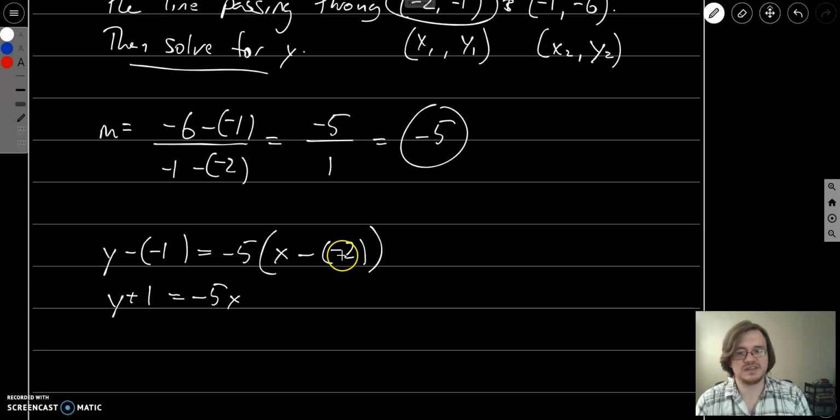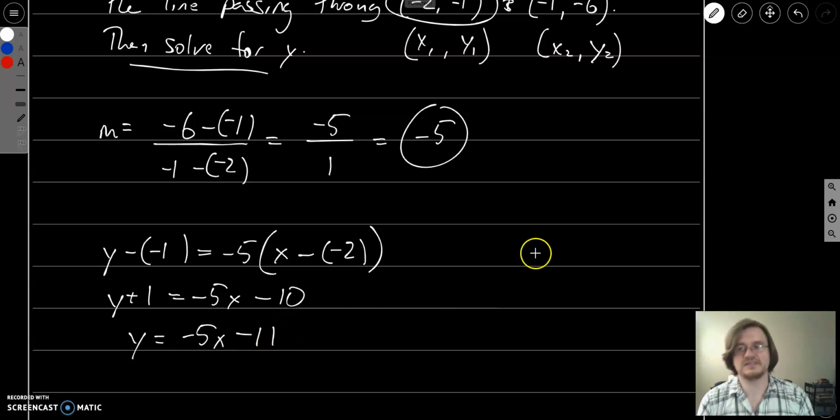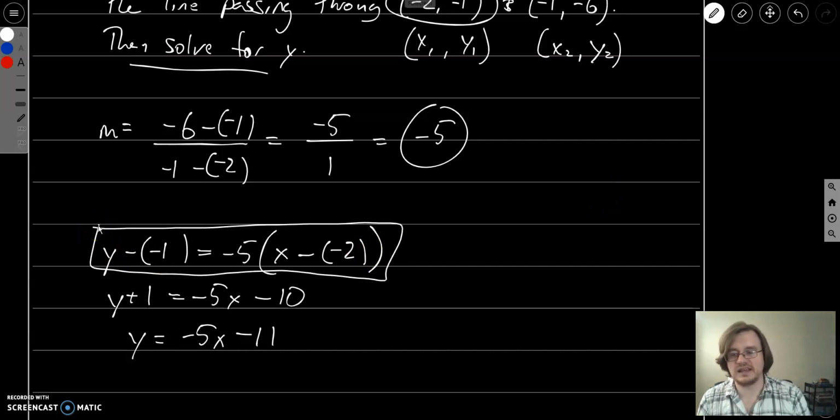Minus negative 2 is the same thing as plus 2, but we're taking all that times negative 5, so it ends up negative anyway. I've got 3 negative signs. And then when I subtract the 1, I get y is equal to negative 5x. Negative 10 minus 1 is negative 11. And this is the point-slope form, and this is our equation solved for y.